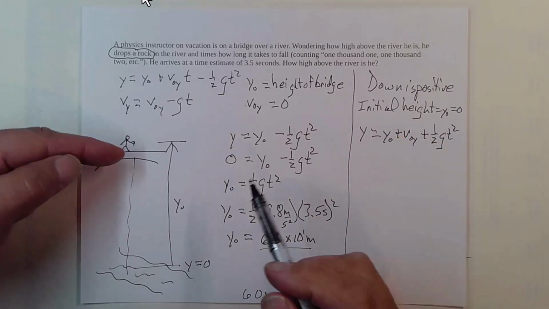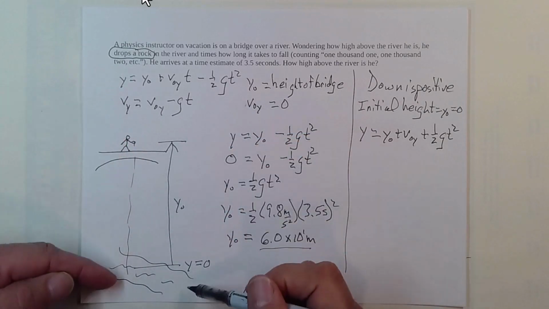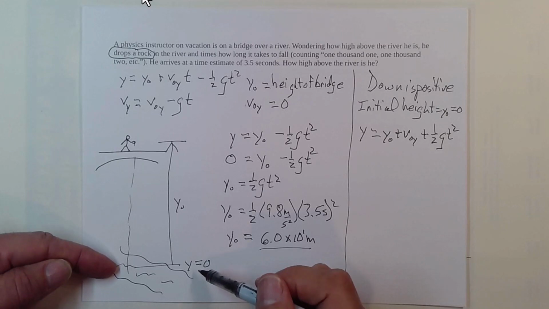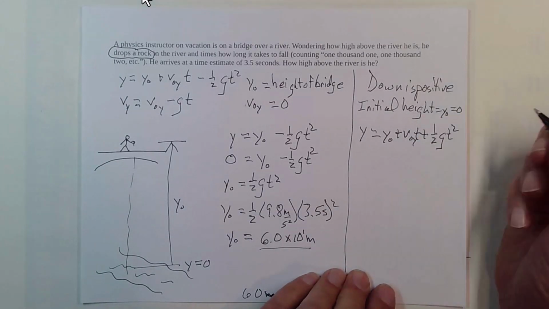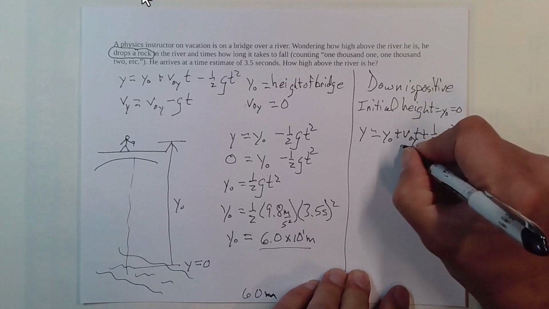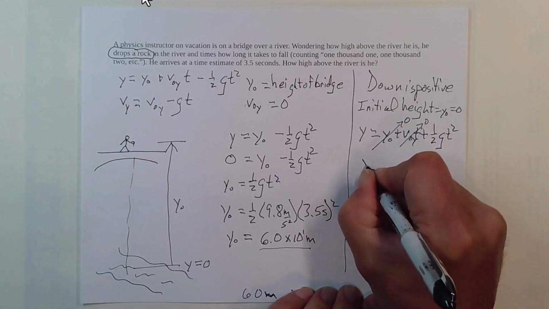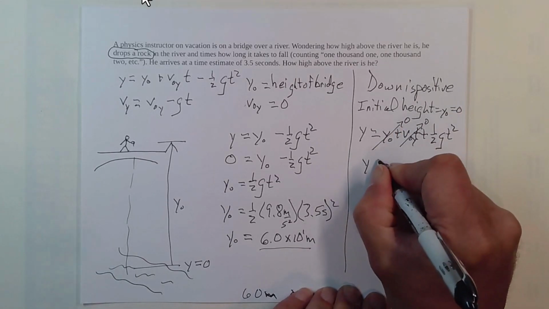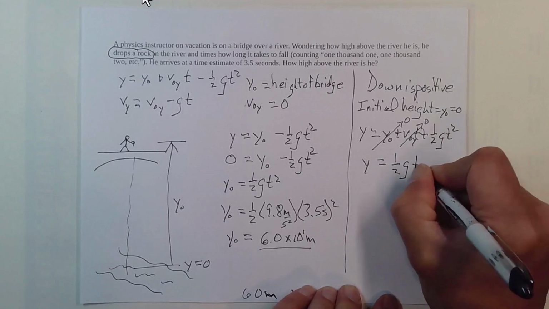We're starting at the origin, so here's where y is equal to 0. We end up down here. We don't know the distance, but we do know that v naught y is 0, so we have 0 here, we have 0 here, so we just get y, the distance fallen, will equal 1/2 gt squared.